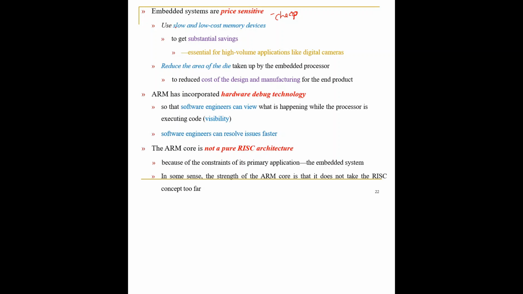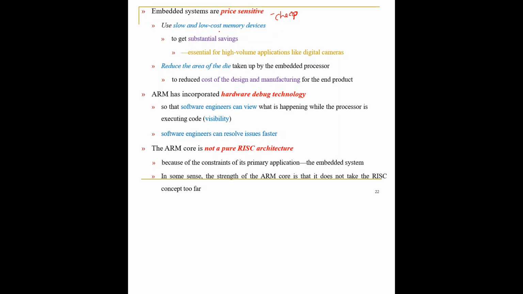In order to make your embedded system cheaper, we use slow and low cost memory devices. Once these memory devices are cheaper, they will normally not have higher speed. But that is one of the features we don't expect. We do not expect our portable embedded systems to be very fast, isn't it?